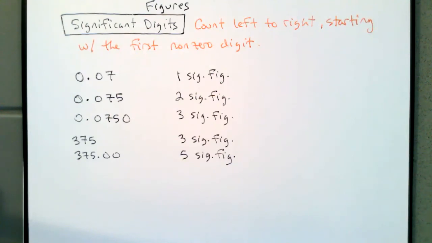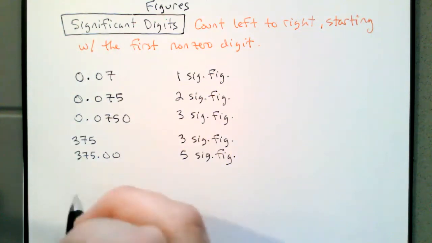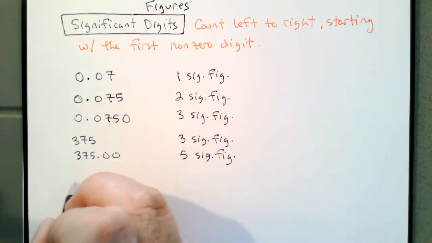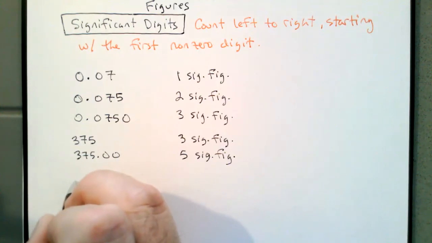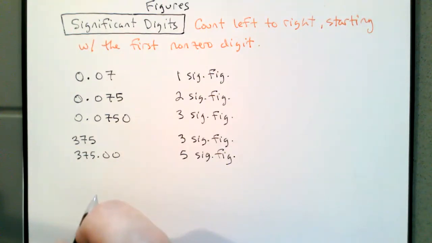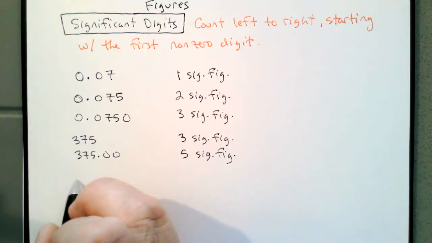There are some strange cases where it becomes a little bit unclear. So for example, if I have the number 1000, let's talk about some unclear cases.